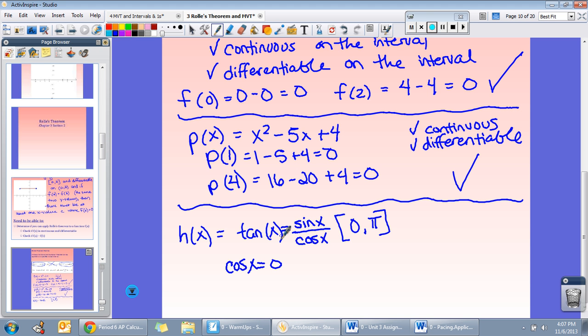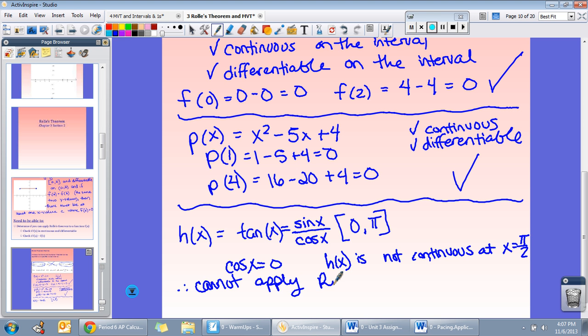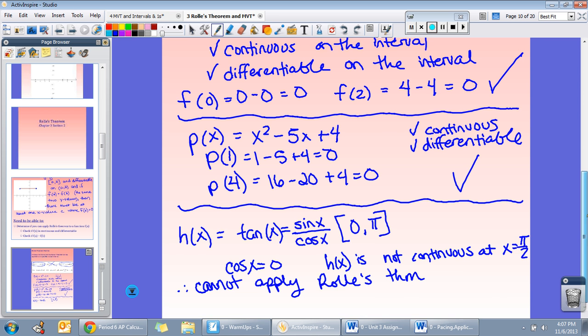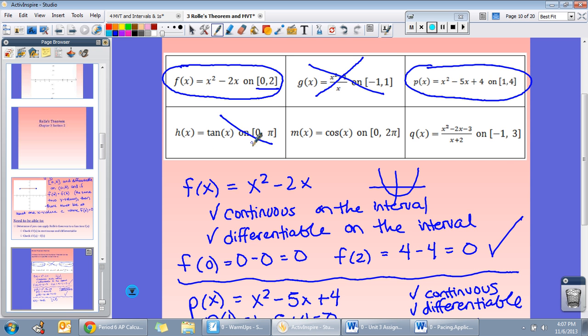So tangent x, h of x, is not continuous at x equals pi over 2. Therefore, we cannot apply Rolle's theorem. Okay, so up here, I'm going to cross this off.